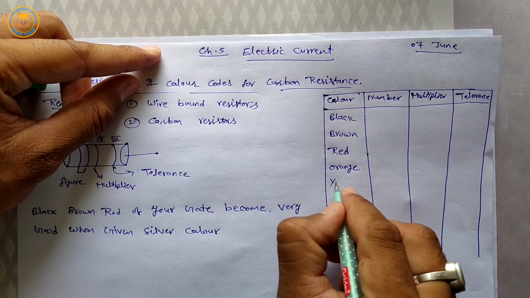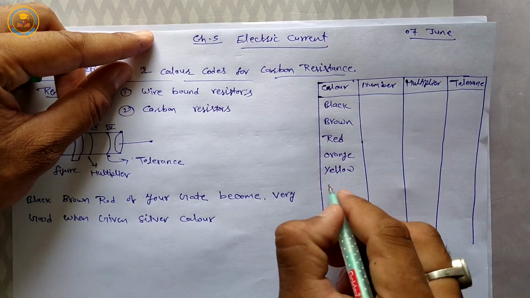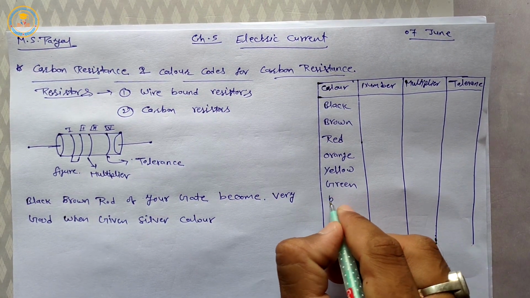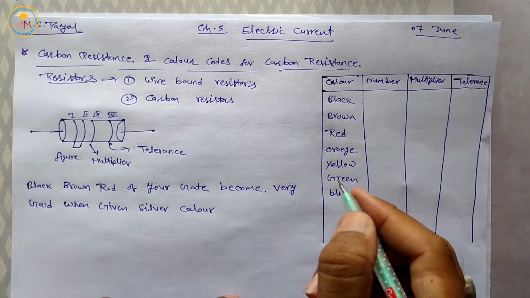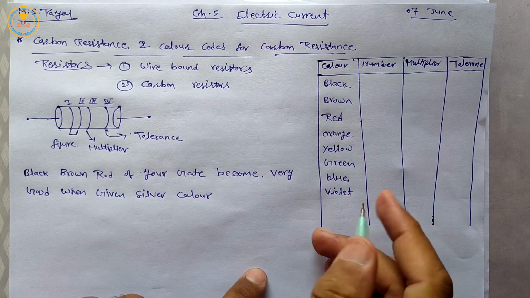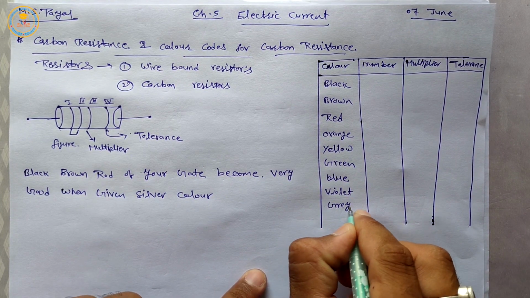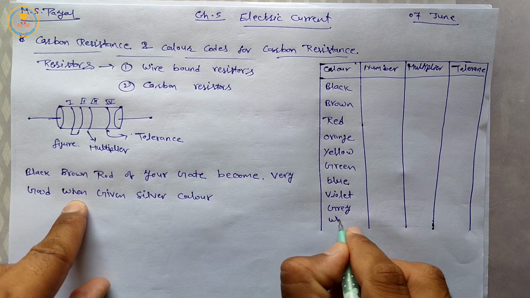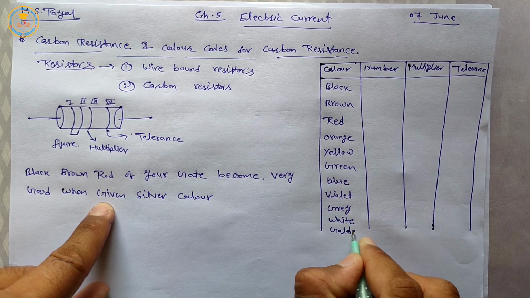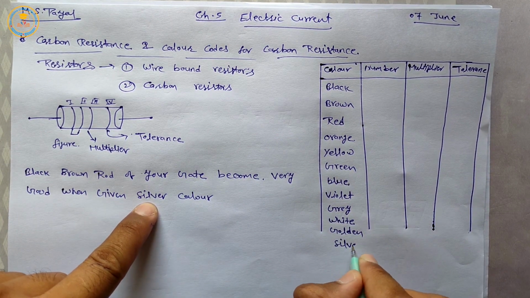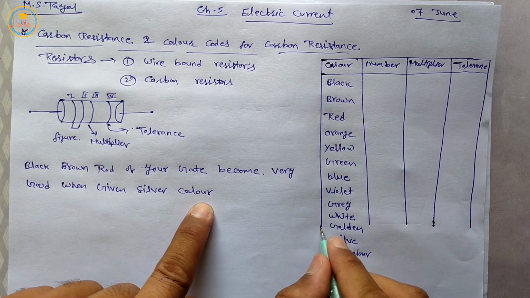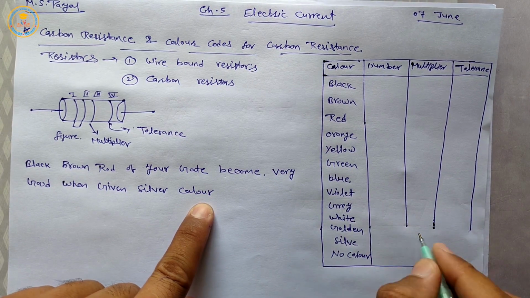From Your, yellow; from Gate, green; from Become, blue; from Very, violet; from Good, gray; from When, white; from Given, golden; from Silver, silver; and from Color, this indicates no color. Okay, this is a very simple trick.